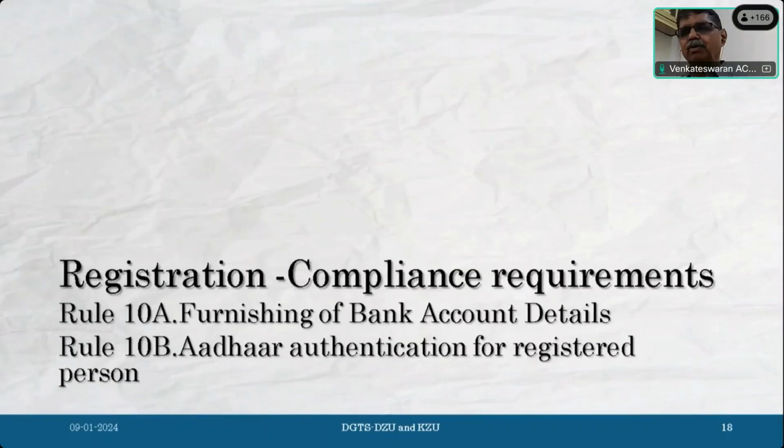Slowly we are going to make geo-tagging compulsory. Already geo-tagging has been started as a pilot, and GST is also asking you to geo-tag your location, the principal place of business as well as additional premises, based on the maps provided in the registration application itself. Apart from that, there are two very important provisions which are definitely required: furnishing of bank account details and Aadhaar authentication.